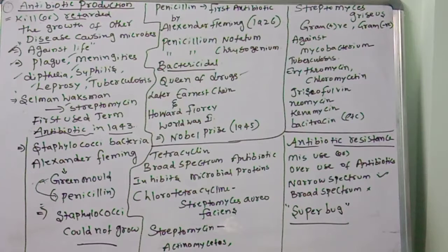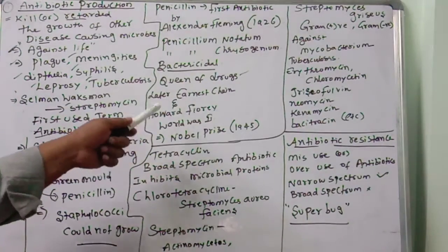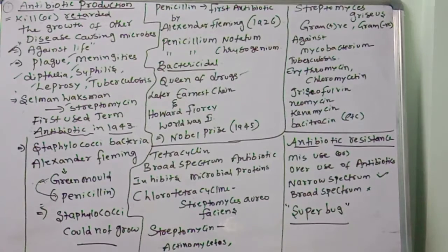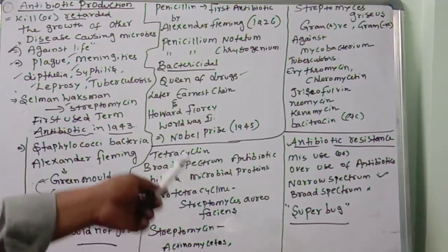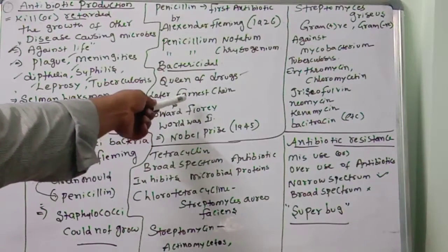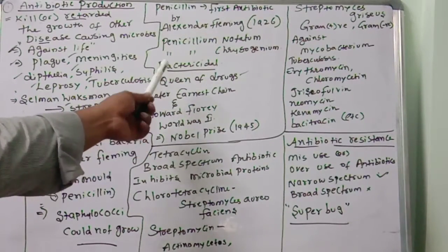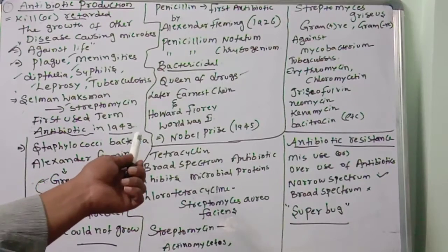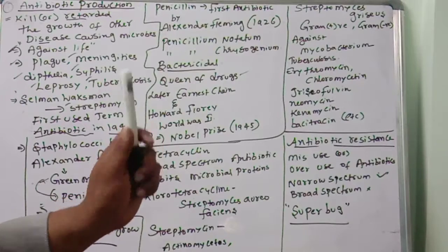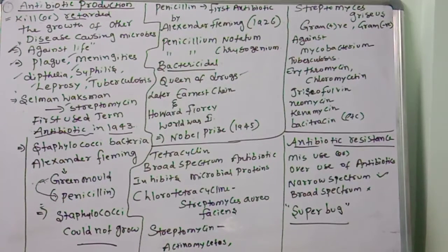After the sudden discovery, later the great scientists Ernest Chain and Howard Florey developed penicillin. They worked on perfecting it and gave the perfect penicillin to society.